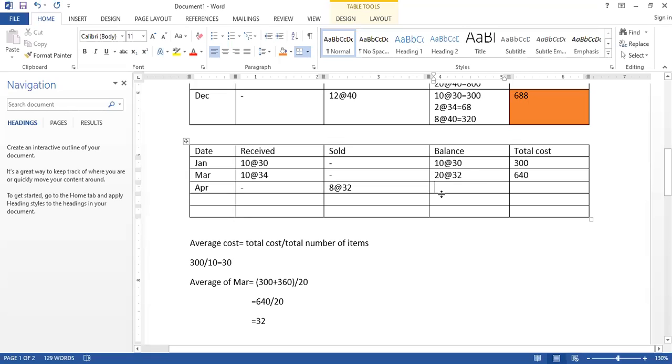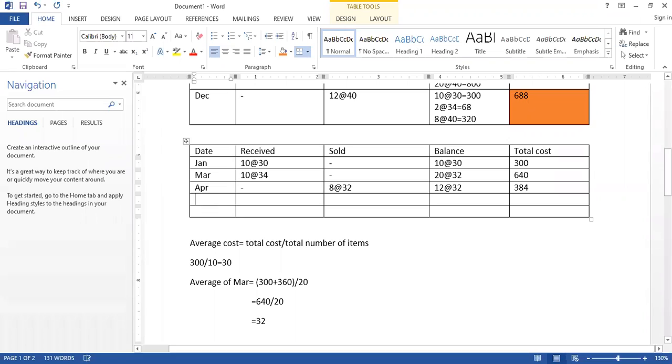So what you're left with is 12 at the price of 32. So what will be our total cost now? 12 times 32 is how much? 384. That is our total cost.